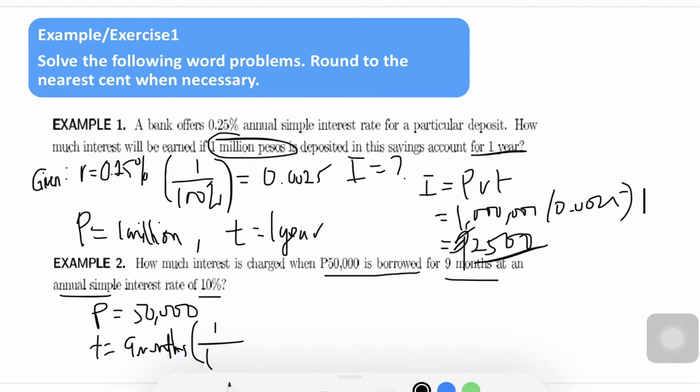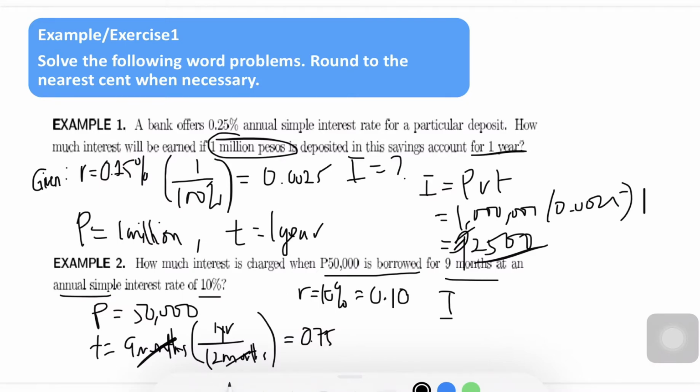So we have 9 over 12, since 1 year is 12 months. 9 divided by 12 is 3/4, so that is 0.75. Then your annual rate is 10%. Divide that by 100, so that is just 0.10.